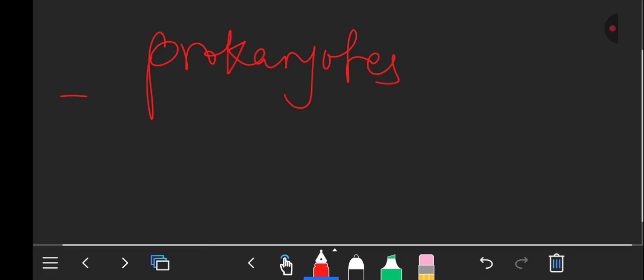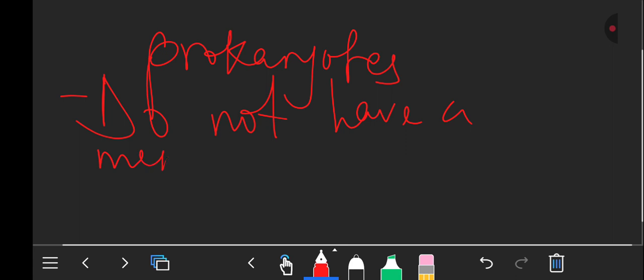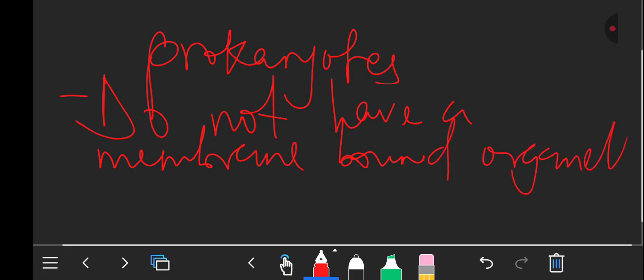So, one thing you need to understand is that these do not have membrane-bound organelles. We understand as we move further. I'll explain what I mean by membrane-bound organelle, what it means.